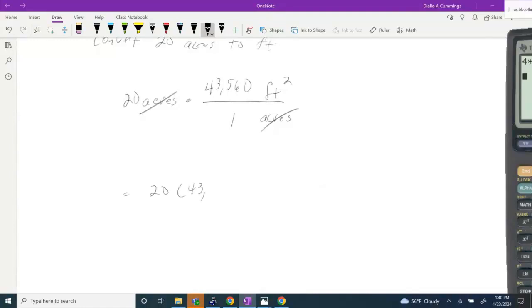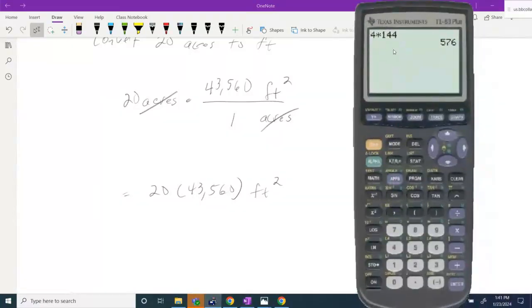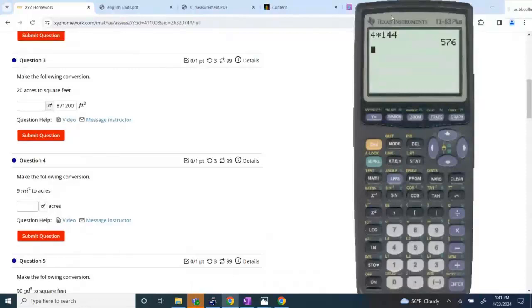So I have 20 times 43,560. And we have our unit of square feet. 871,200. So that's 871,200 square feet. That was number 3.